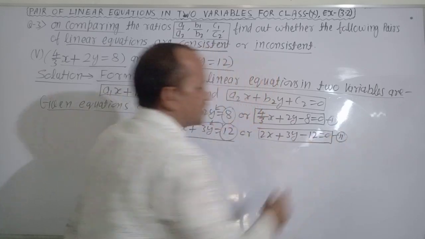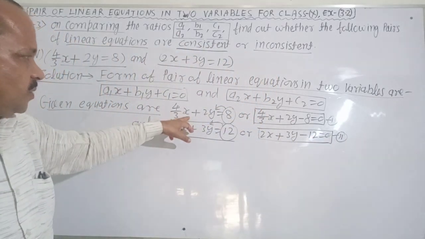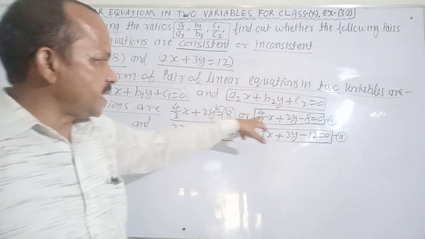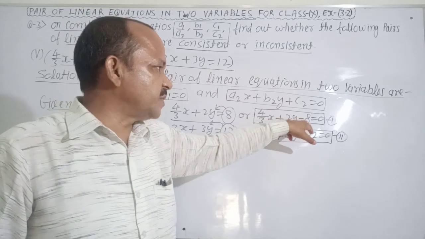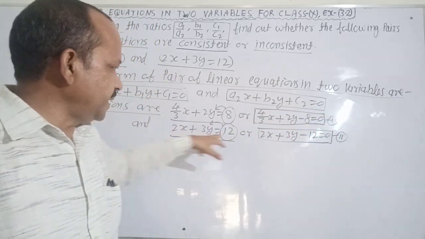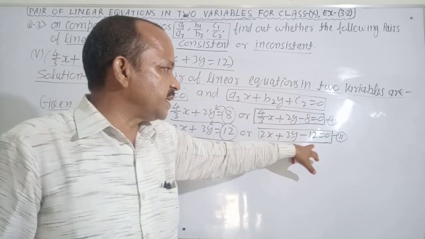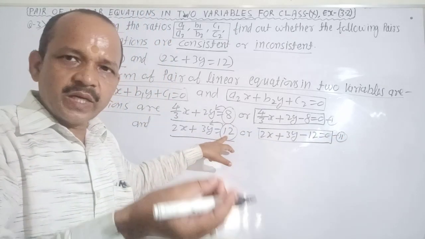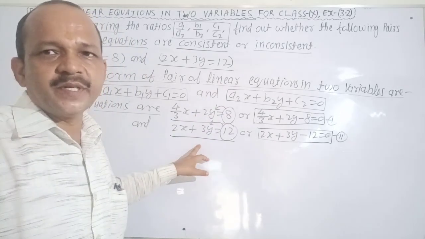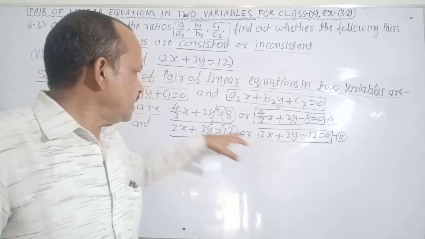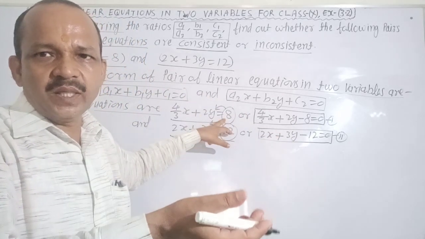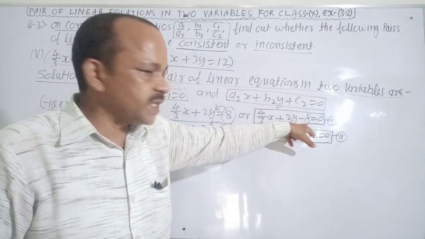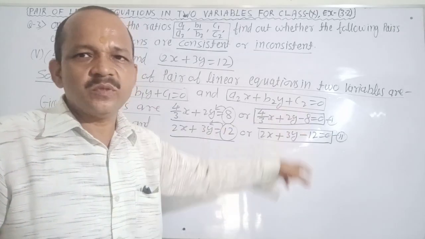It is equation second. You write these equations as 4 by 3x plus 2y minus 8 equal to 0 and 2x plus 3y minus 12 equal to 0. Here 12 is on the right side. When you write it on the left side of equal, it becomes minus 12. Here 8 is on the right side of equal. When you write it on the left side of equal, it becomes minus 8. It is clear? No confusion about it?